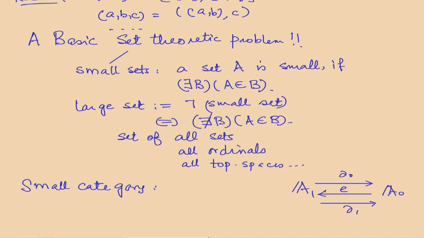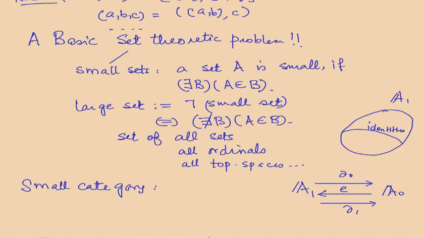If this was the set A1 and these your identities, this is exactly a copy of A0. So if you make A1 small, A0 has to be small. But if A0 is big, large, A1 has to be big. No other way.